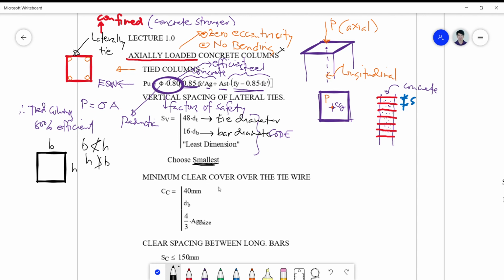And the minimum clear cover over the tie wire. Okay, so where's the minimum clear cover? If I have here my column, and this is actually the outer surface of my concrete column.